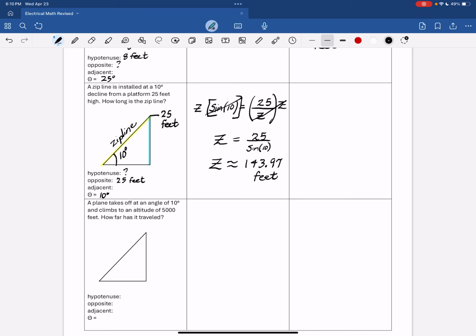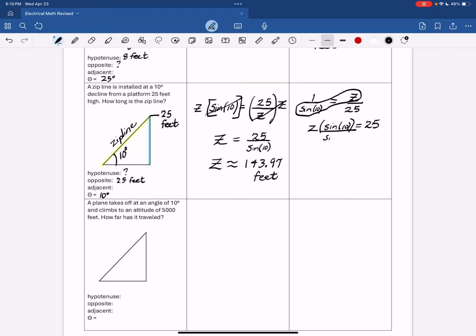And if you work it with cosecant, you have 1 over the sine of 10 is equal to hypotenuse over opposite. So you will get z times the sine of 10 is 25.